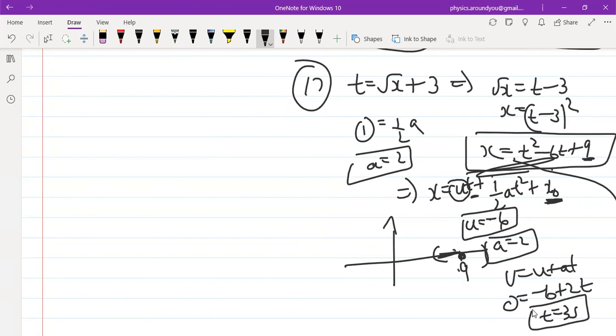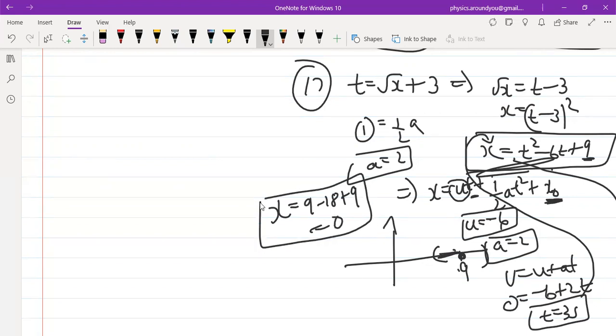At t equal to 3 seconds, what is the position of the particle? x is equal to 9 minus 18 plus 9, which is 0. So at t equal to 3 seconds, this guy is over here.